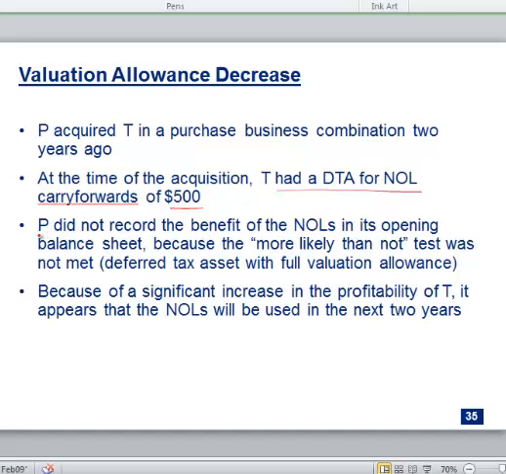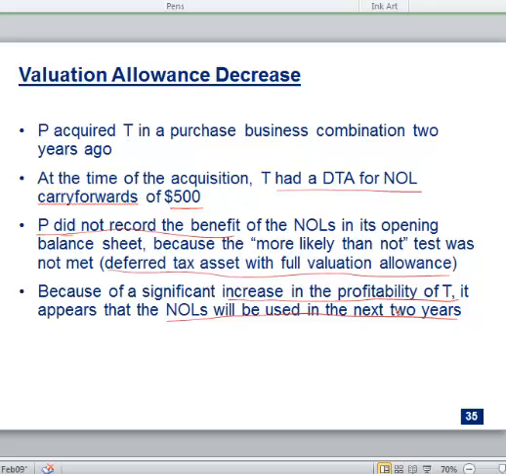So buyer, P, did not record the benefit of the NOLs, so they booked a DTA with a full VA. Okay, because for whatever reason, they looked at those NOLs and they're like, we're probably not going to need them, we're probably not going to use them. But I guess what happened was there was an increase in profitability of T, so now all of a sudden you can use those NOLs.